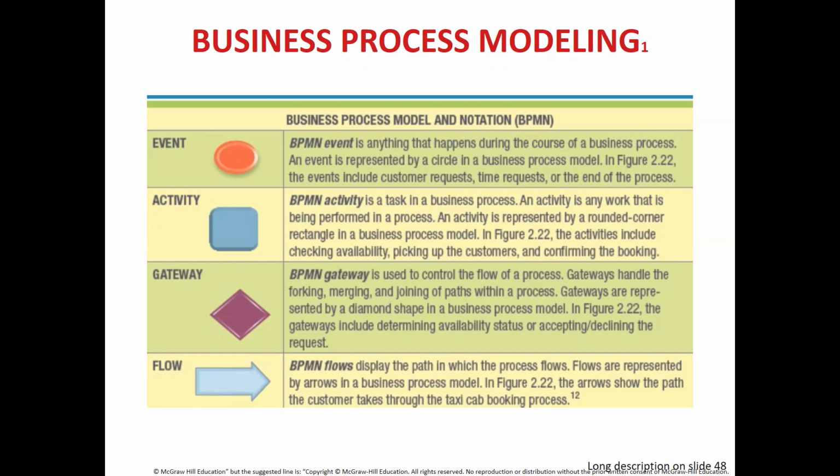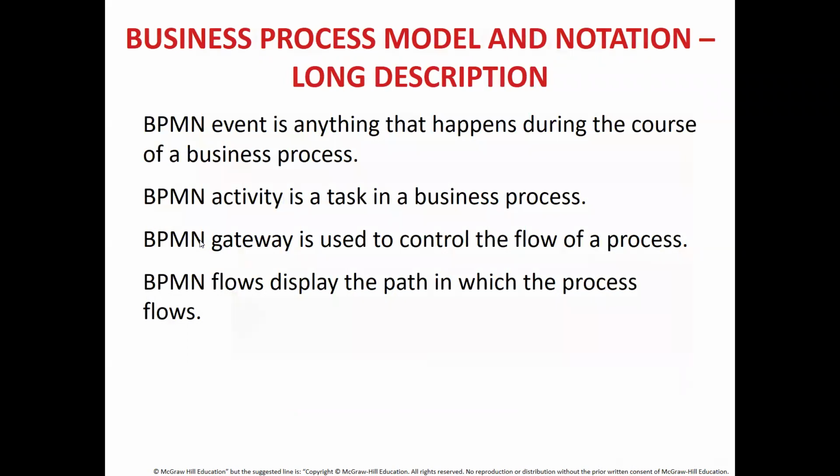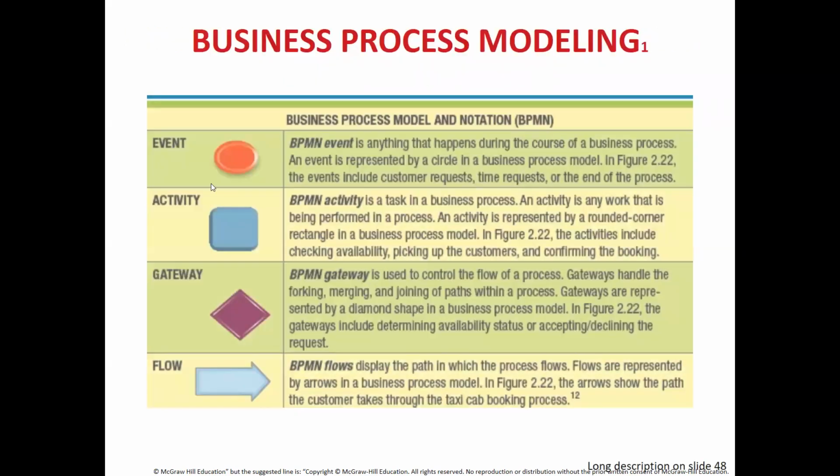That means from step one till the very last step, till the goods and services are finished or till you get the end product, it tries to show all of that in a graphical view. So that is business process model and notation. For event, activity, gateway, and flow, we'll have a look at the definitions for those in the next slide.